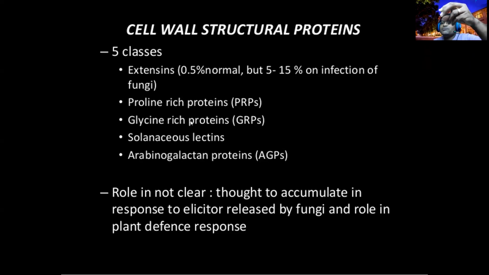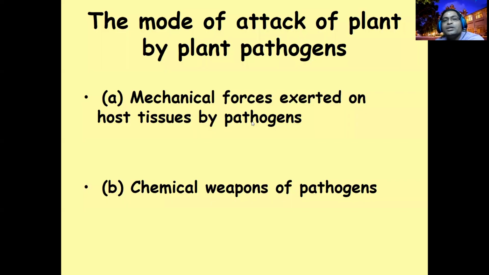Then the message is passed to the nucleus through this network. Then the nucleus orders the surface to trigger the defense system, which may work physically or chemically. That's how these certain components work.